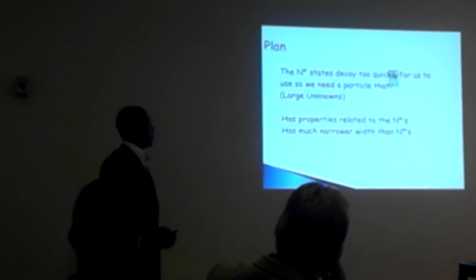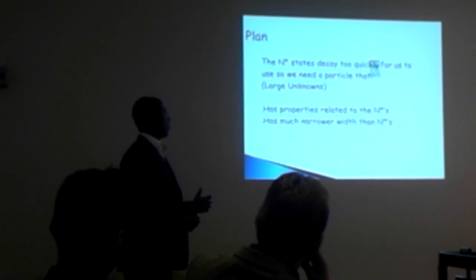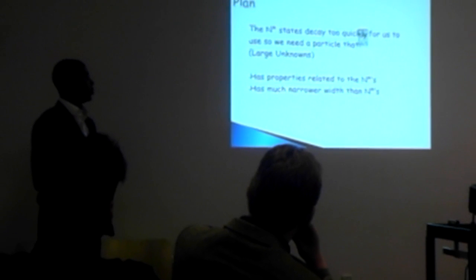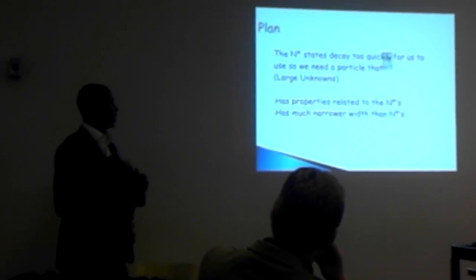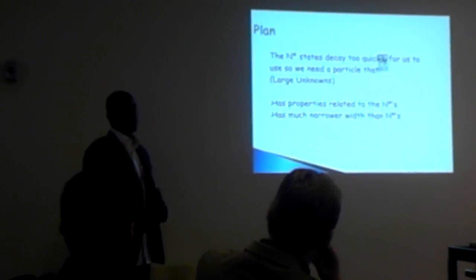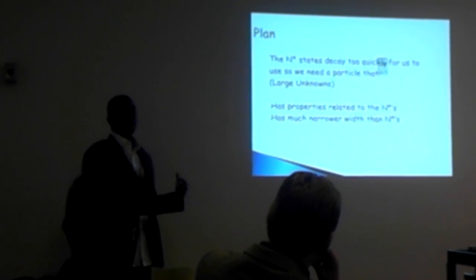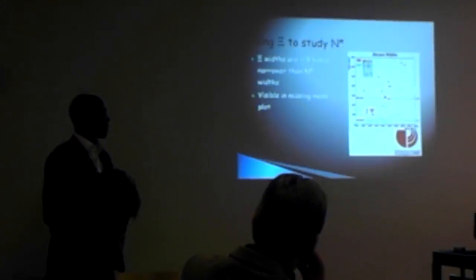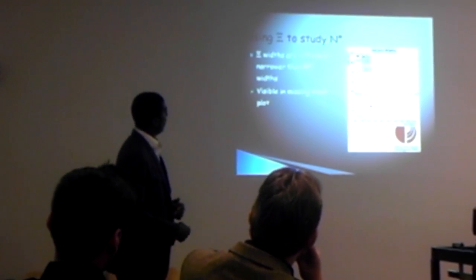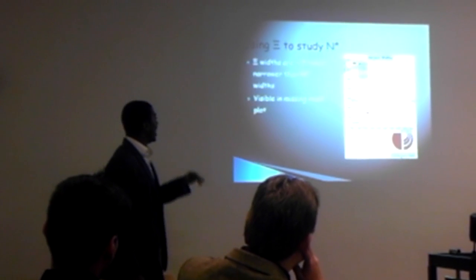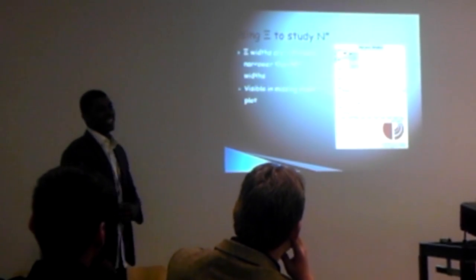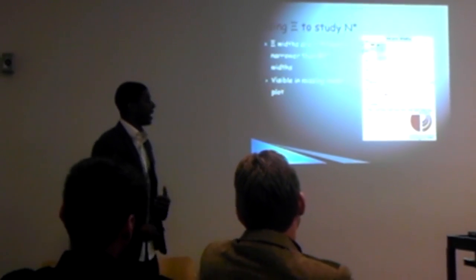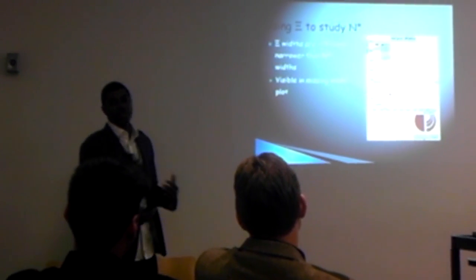So our plan is, based off the nucleon state that decays too quickly for us to use, we need a particle that has properties related to the nucleons and a much narrower width than the nucleons as well. Using the cascade to study the nucleon, the cascade widths are approximately 9 times narrower than the nucleon.